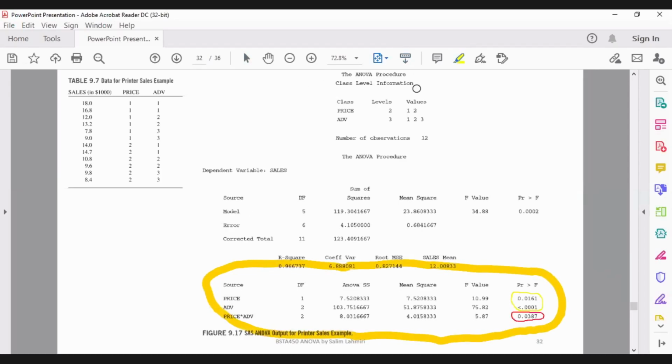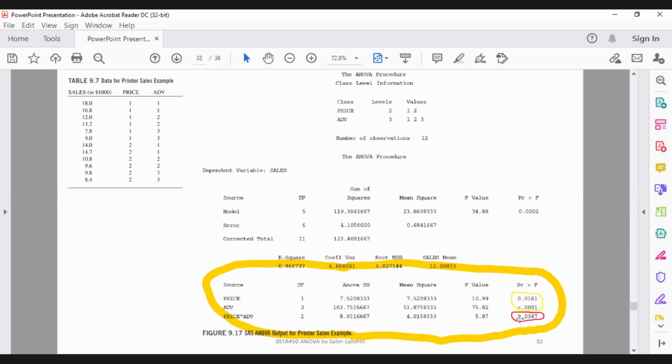This is the p-value for price, testing the null hypothesis that the mean of sales is equal across all price levels, where price has 2 levels, 1 and 2. This is the p-value for advertising, for the null hypothesis that the mean of sales is equal across all advertising levels, from 1 to 3.